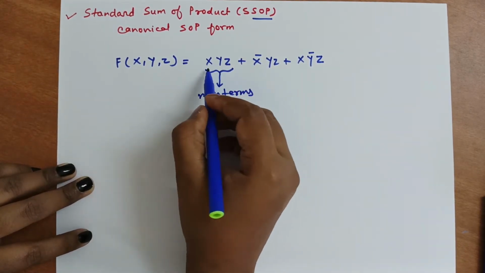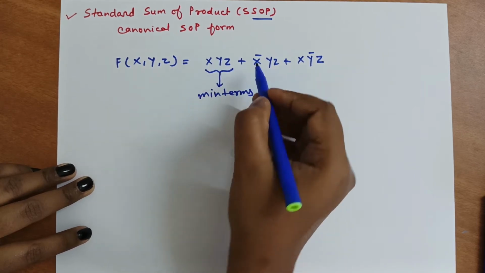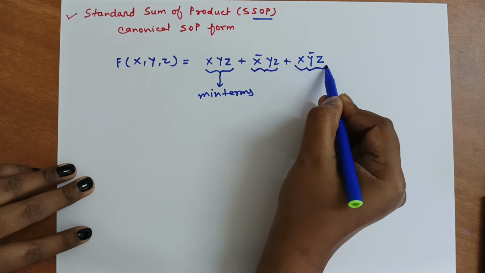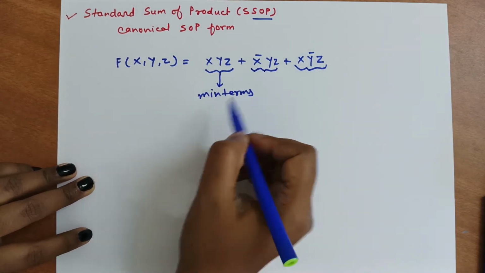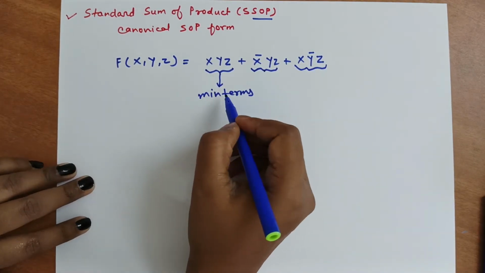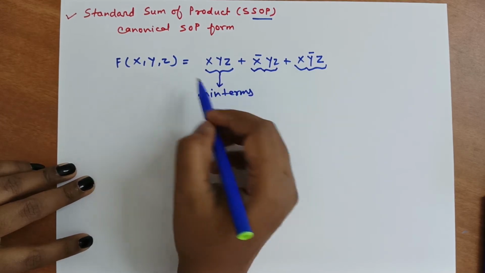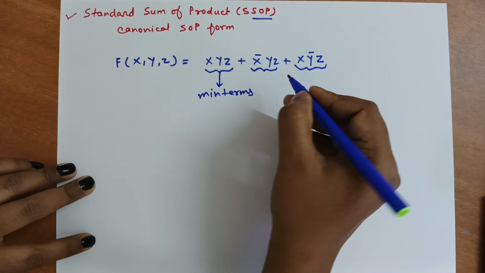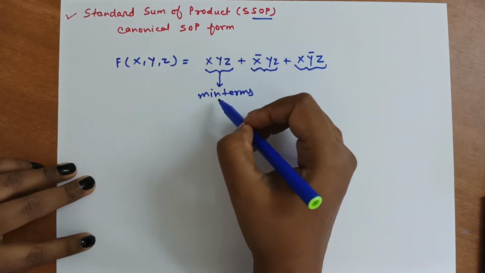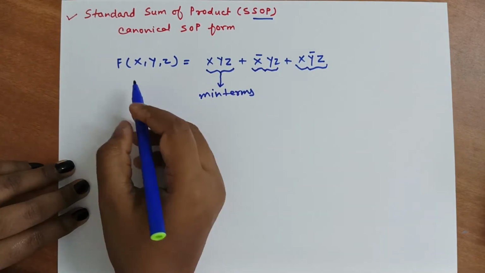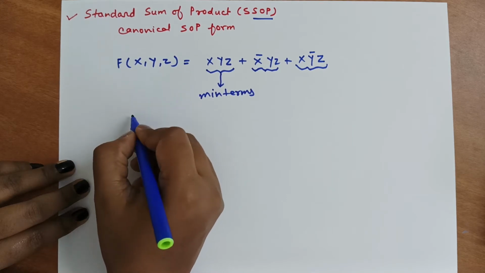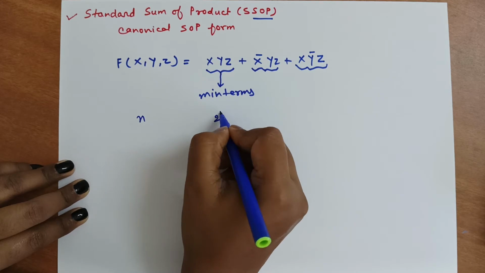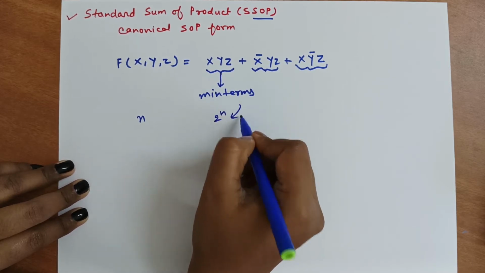So it will contain all the variables either in normal form or in complemented form. So these three are minterms here, and we are adding these minterms. SSOP form is summation of minterms. If there are n number of input variables, then the number of minterms will be 2 to the power n.